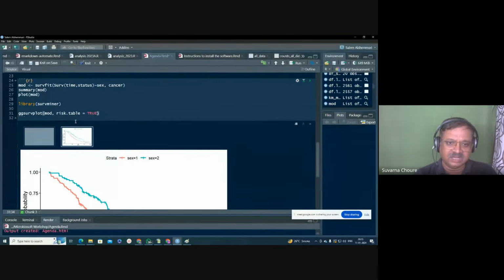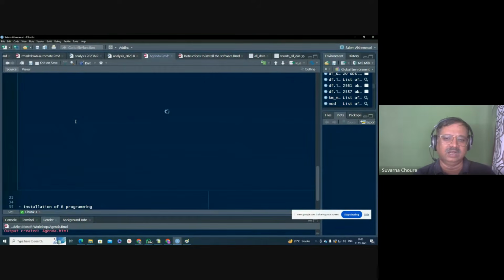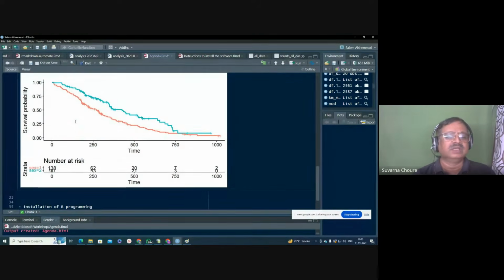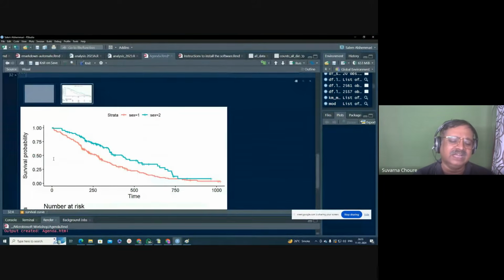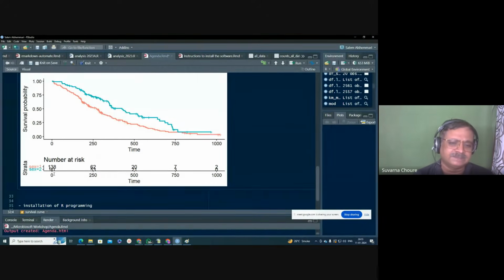Now you'll see a change in this plot. And here a little customization is required. Sex 1, 138 people were at risk at time 0. Sex 2 means female, 90 patients were at risk. At 250 days, 62 males and 53 females were at risk, the rest died.